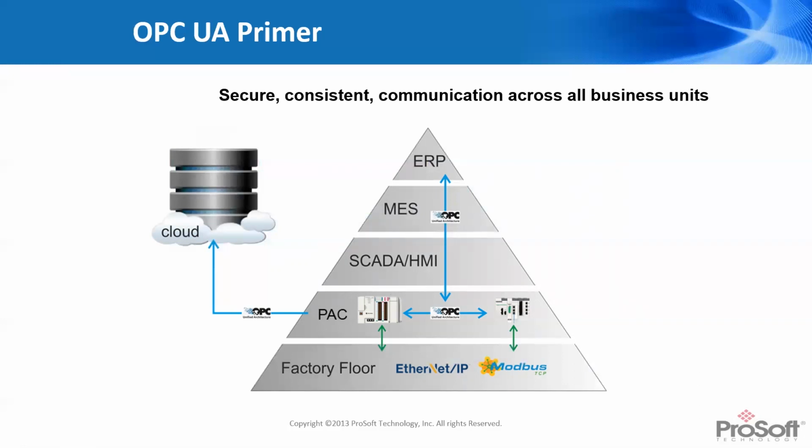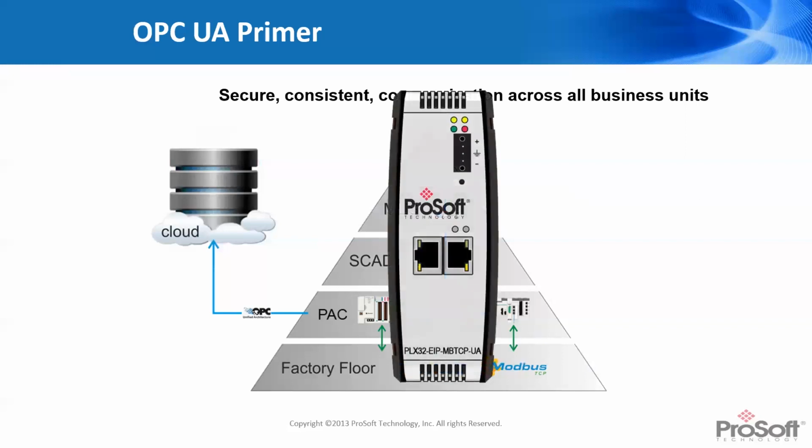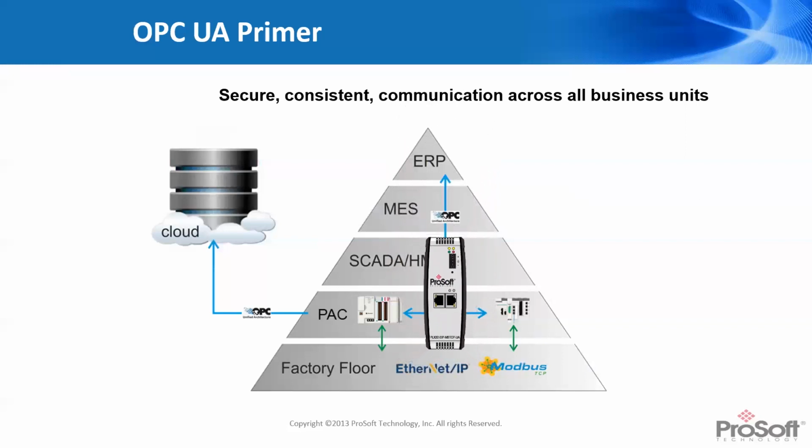Regarding Schneider and Rockwell, they both support EtherNet IP, but one thing that processors inherently don't support is OPC UA. So to get OPC UA up to the cloud, from the shop floor to the top floor, you would use something like this gateway. It allows not only the controllers to communicate together, but also allows you to communicate OPC up to the top floor, up to the cloud, or what have you, with a built-in OPC server.